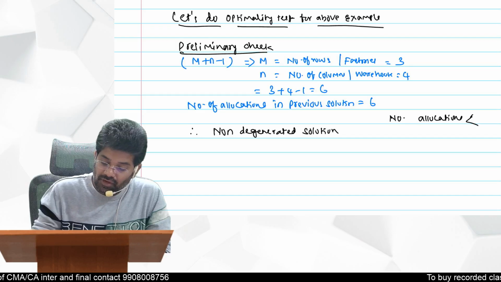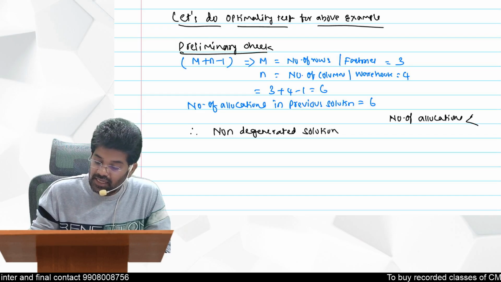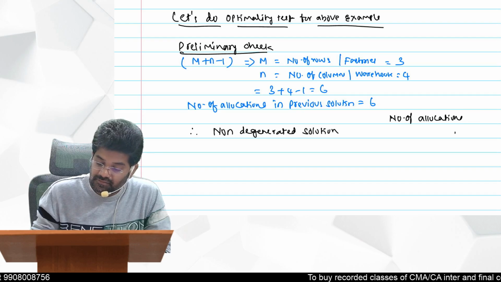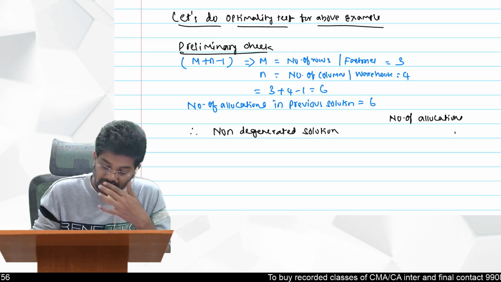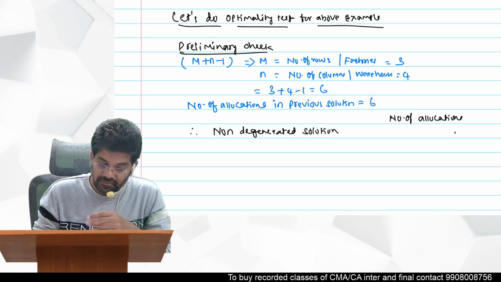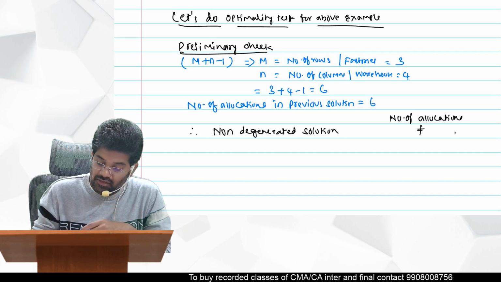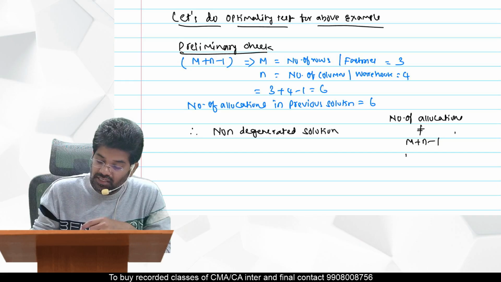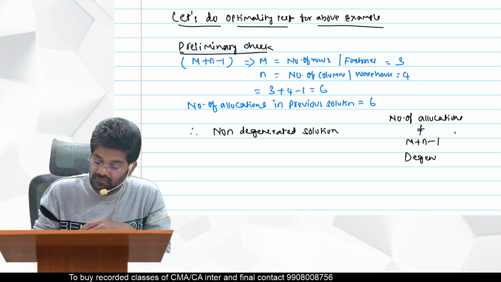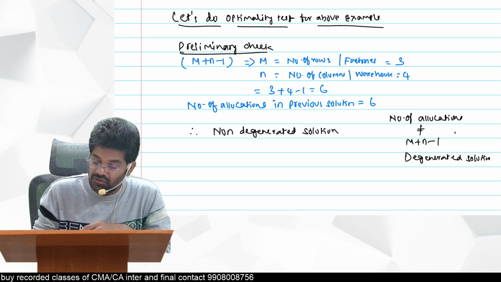If the number of allocations is not equal to m plus n minus 1, then we call it a degenerated solution. Degenerated solution.